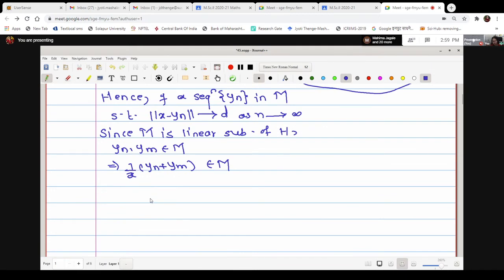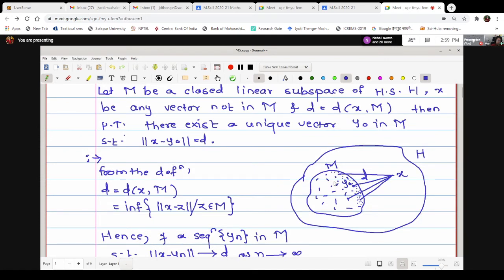And what about the distance between x and this point? Suppose here is the position of this point. I'll just change the color. Here is the position, half times yn plus ym. What is the distance between this point and your x? Is it d? No, it is greater than or equal to d.